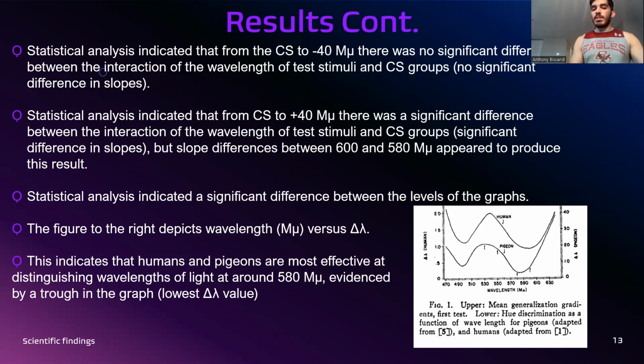And that was because the delta lambda, or the DL, is highest at 530 and it's lowest at 580. So you have a trough at 580 and a peak at 530 with regards to the difference limen. And as I said earlier, if the DL is low, that means that they're going to be better able to distinguish stimuli. Okay, but if it's high, they're going to have a harder time differentiating stimuli.